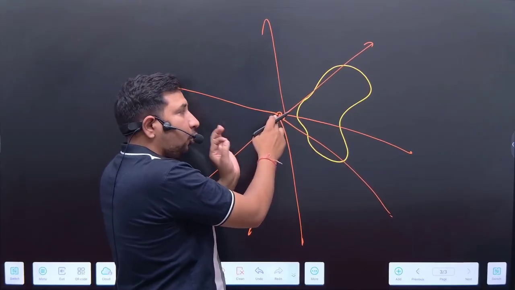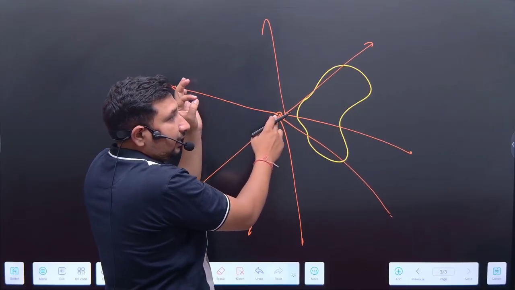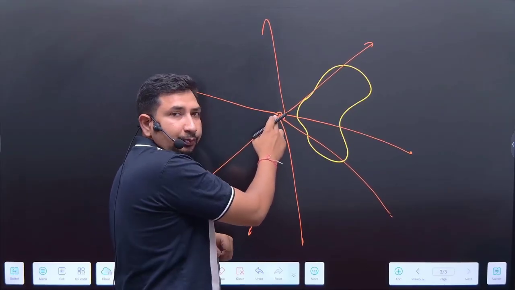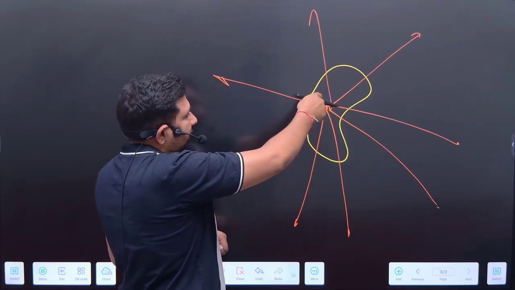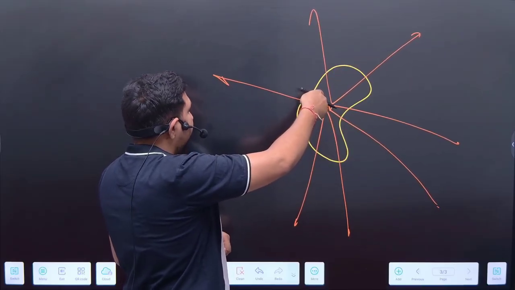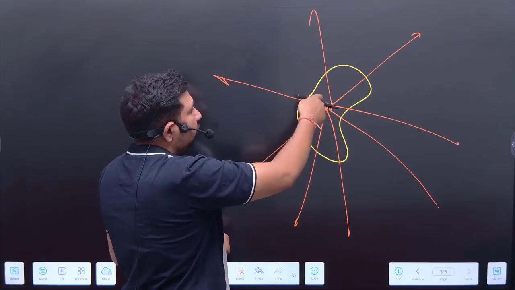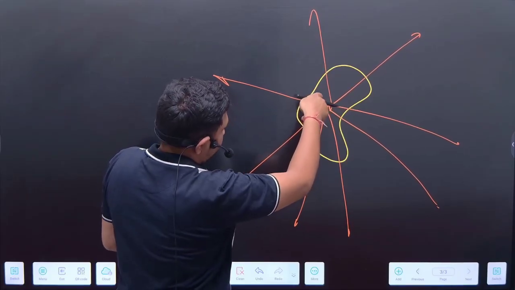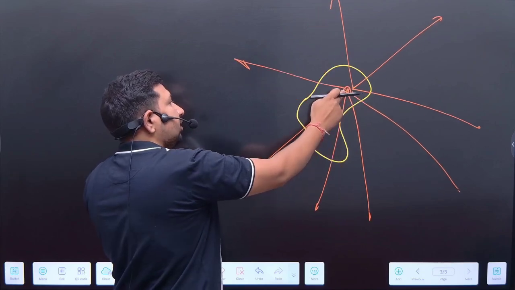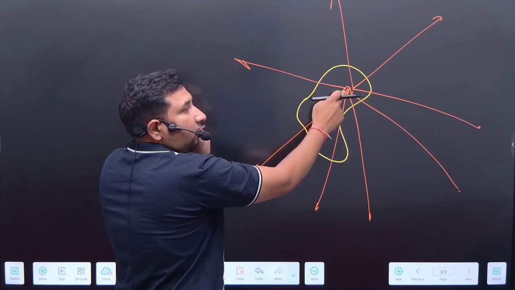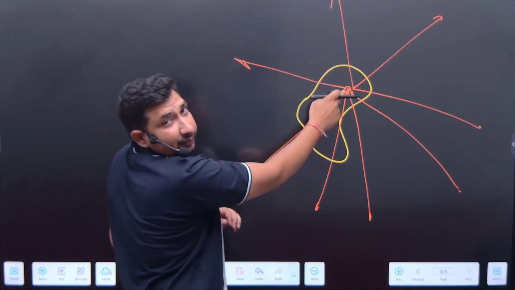So there is no contribution of the charge in the net flux through this closed shape. But once the charge is inside, you can calculate how many field lines are coming out of the shape. It's 1, 2, 3, 4, 5, yeah, 4 plus 4, 8. If I change the position of the charge, it would not have any effect on the flux.